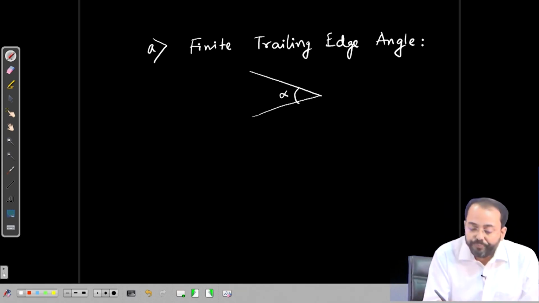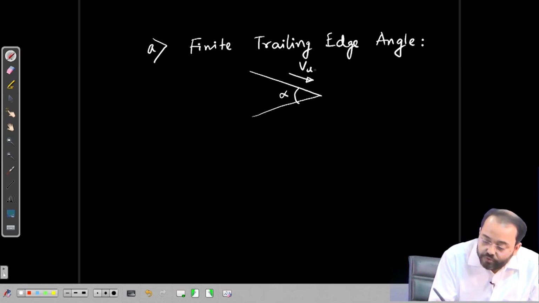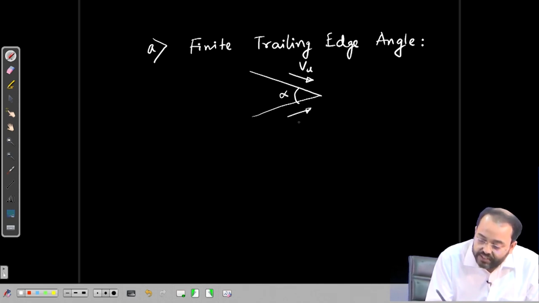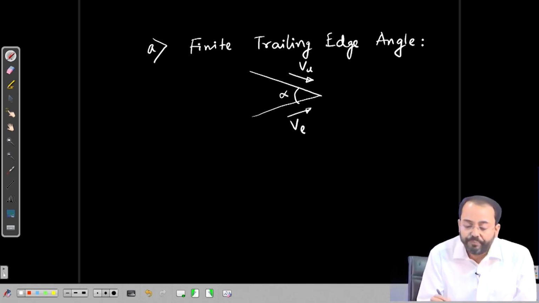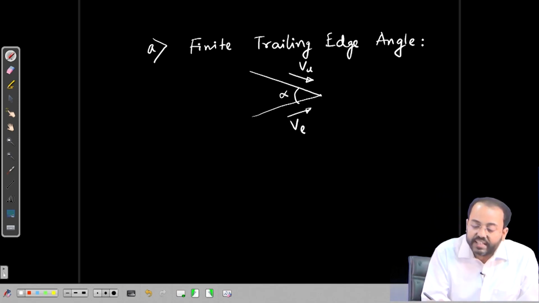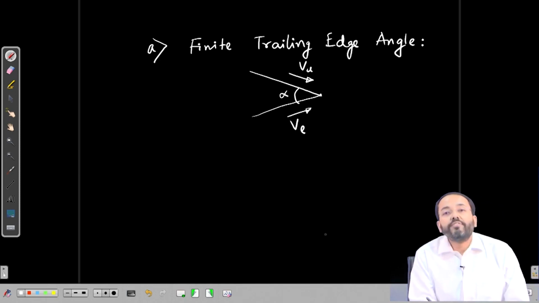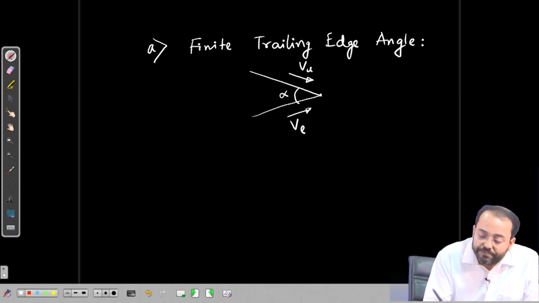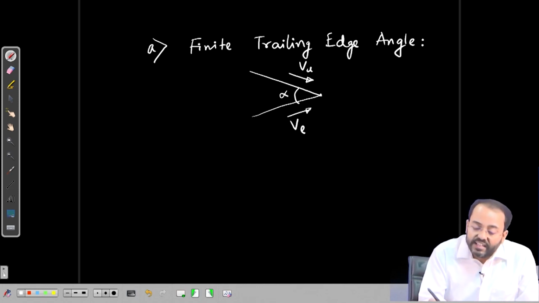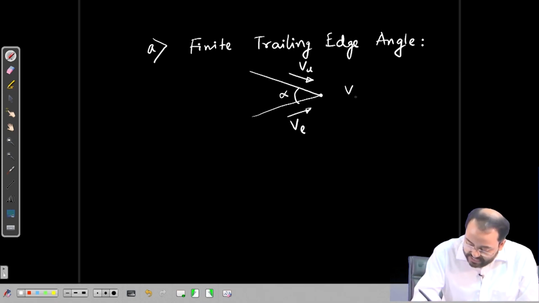Okay. So, there is a velocity coming from the top surface Vu, and there is a velocity from the lower surface Vl, let us say at the trailing edge. Now, at this point we cannot have two different velocities at a particular point. So, if there is a finite trailing edge angle, then V at this particular point has to be 0.